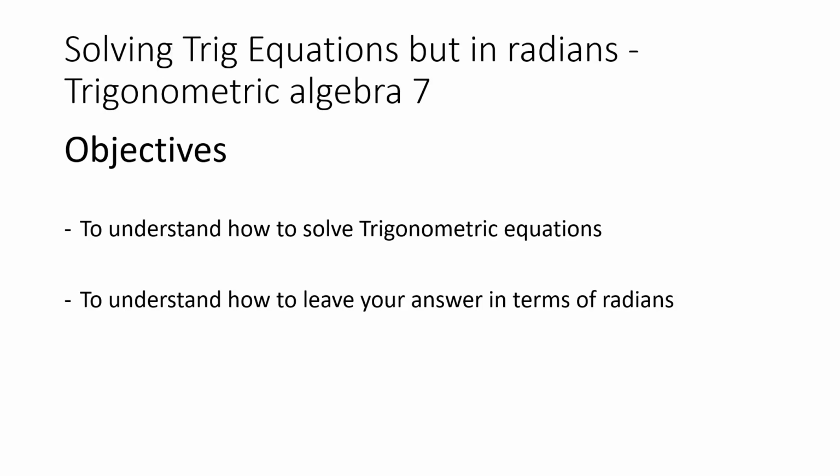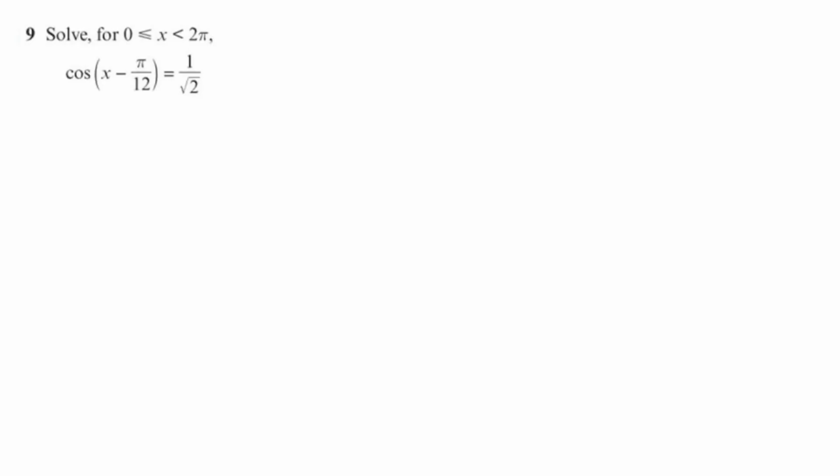Now that we know how radians work, let's learn how to properly use them in an equation. If we're told that cos of x minus pi over 12 is equal to 1 over root 2, how are we going to solve that? The first thing we need to do to find the inside is to do the inverse on both sides.